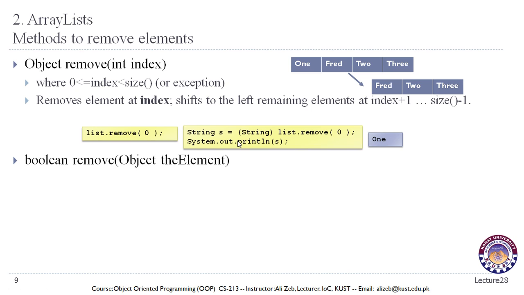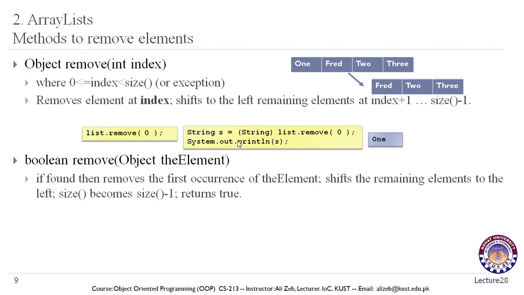Boolean remove(Object): if the element is found, it removes the first occurrence of the element. So we pass the element as an argument to this method, and it removes that element if found in the array list and shifts the remaining elements to the left. Size becomes size - 1 and it returns true.